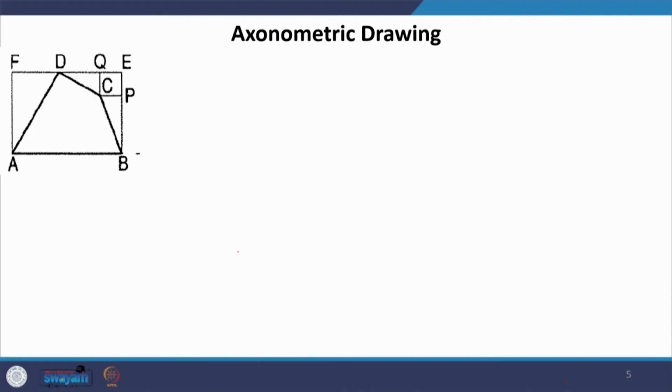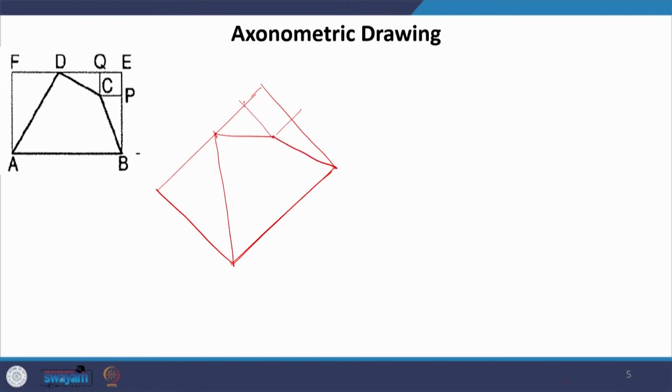So, if it is this, again 45, 45, you draw the rectangle, or if you knew the angles, you could measure the angles and draw. So, we can take the distances and then arrive at these points. So, this is how your quadrilateral, a polygon, is going to look.